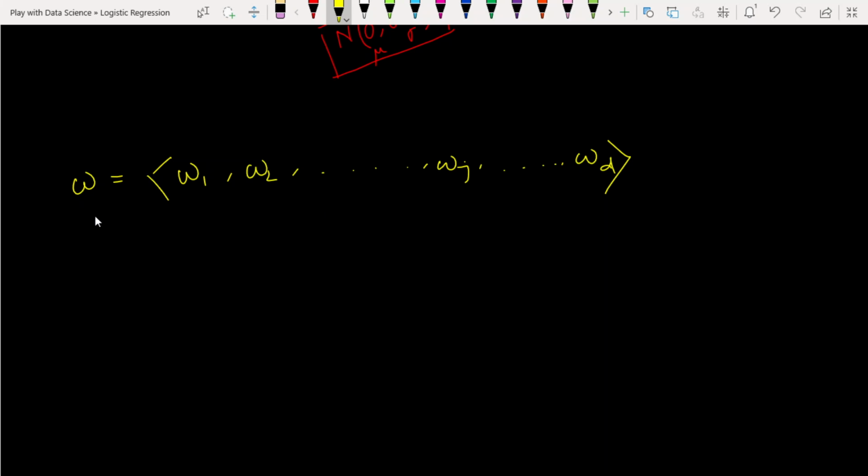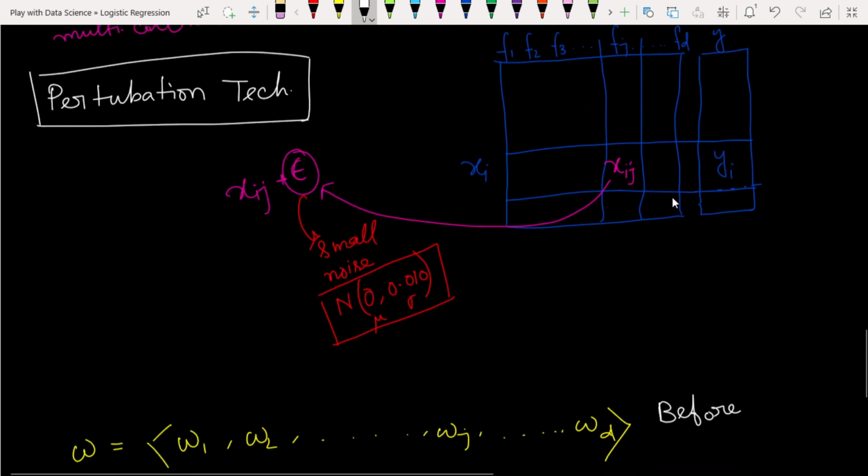Suppose this is our weight vector. This weight vector is for before perturbation.